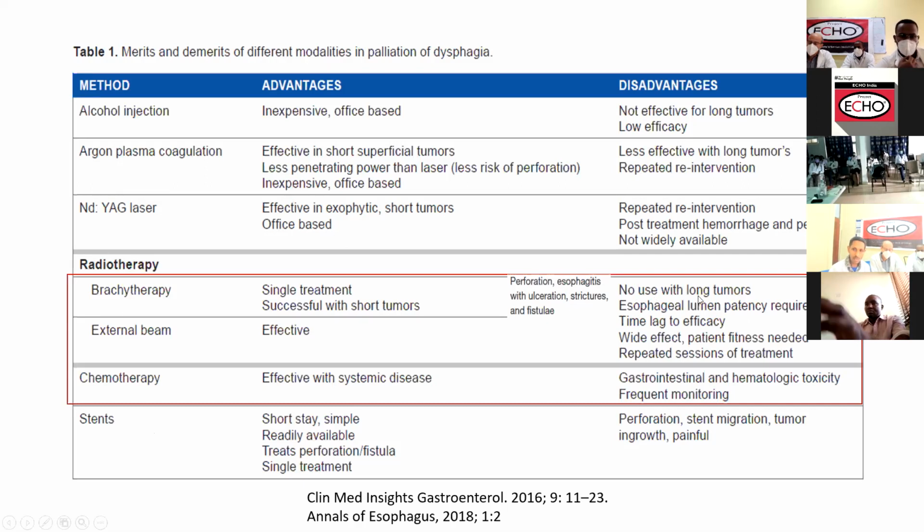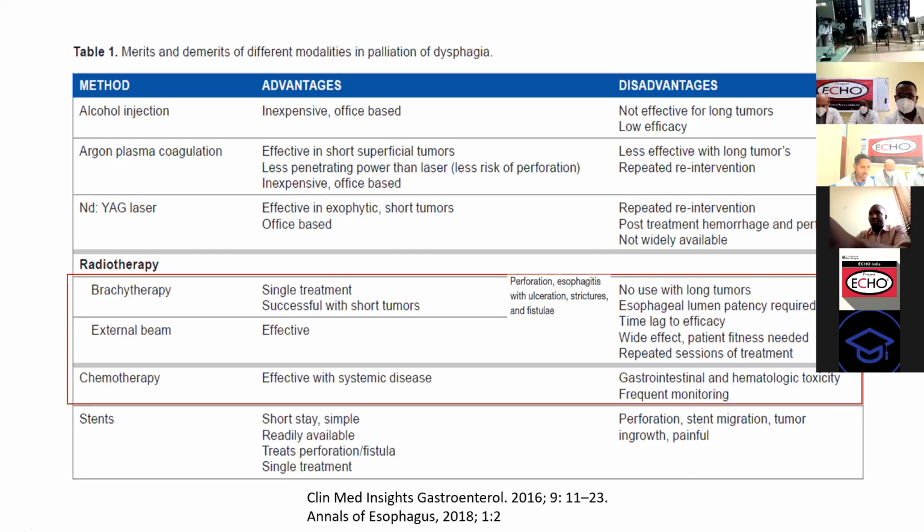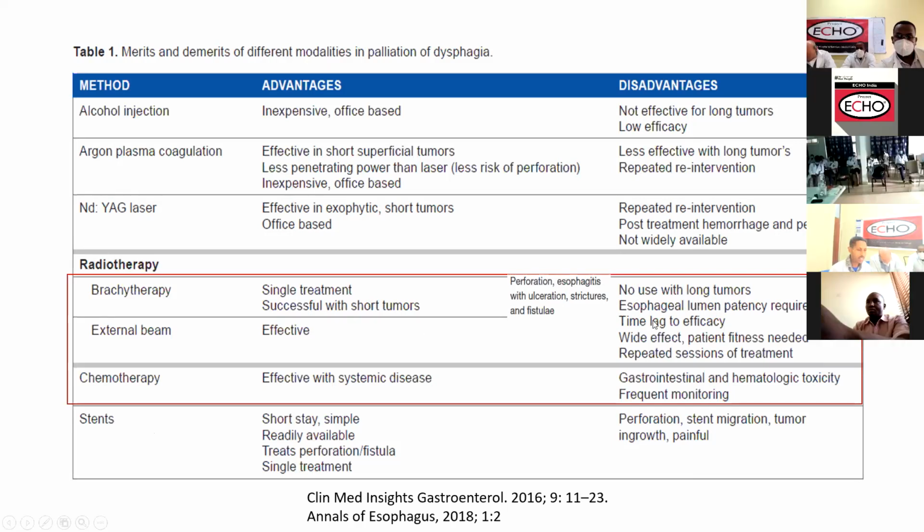And if the esophageal patency is obliterated completely, there is no use for brachytherapy. It also has a time lag similar to that of external beam radiotherapy, and in some people this time lag may reach up to 12 weeks. So it is a very long time.